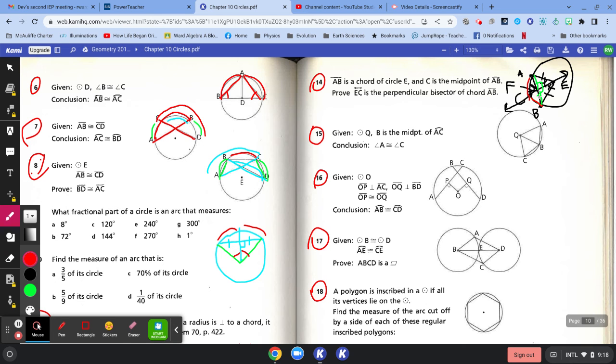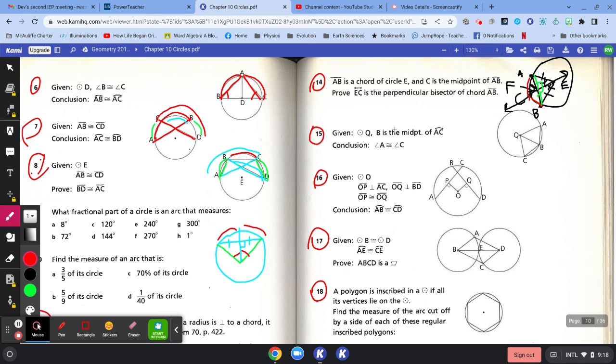Actually, I think I probably did need to prove that bisecting. And I can also say that C is equidistant to A and B, and E is equidistant to A and B because of radii. So I've got two points that are equidistant to the endpoints of that segment, and therefore EC determines the perpendicular bisector of chord AB.